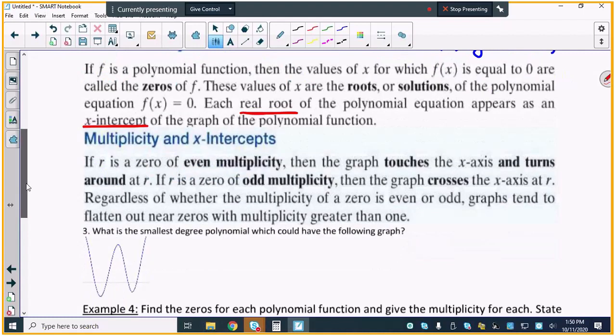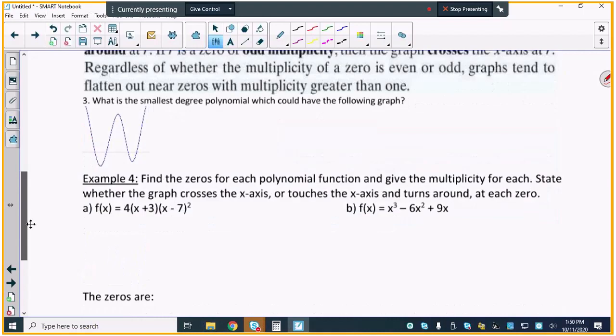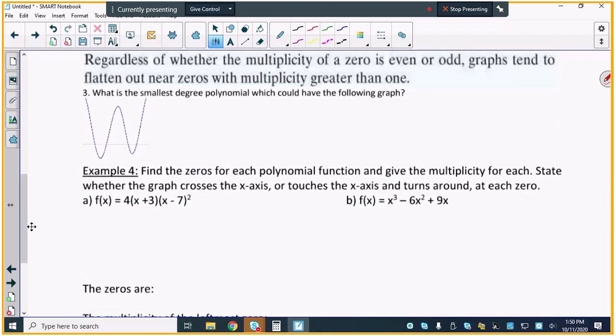Multiplicity of the x-intercept, we have talked about it, so we are going to use this idea and talk about the examples. What is the smallest degree of the polynomial which could have the following graph? So I'm going to find how many zeros we have. I see that there are 4 zeros.